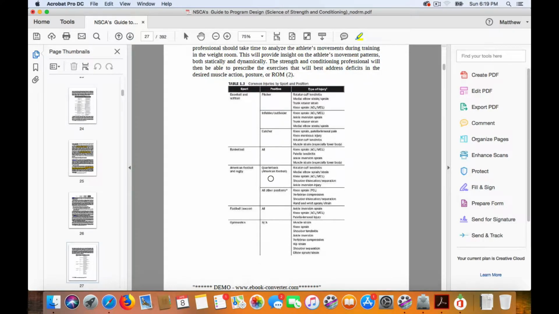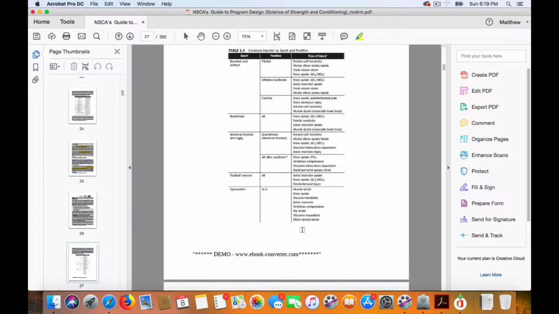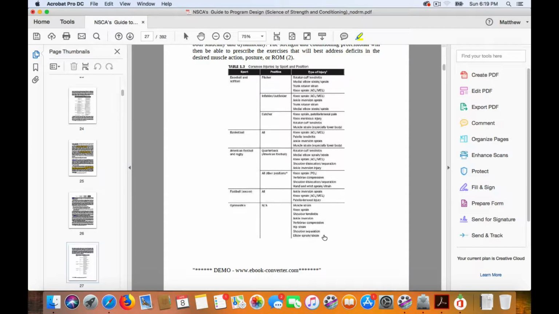So this is table 1.3, a good list of common injuries of the sport and the specific position. It goes through the exact dynamics of each one. Gymnastics: muscle strain, knee sprain, shoulder tendonitis, ankle inversion, vertebrae compression, hip strain, shoulder separation, elbow strain, and sprain.